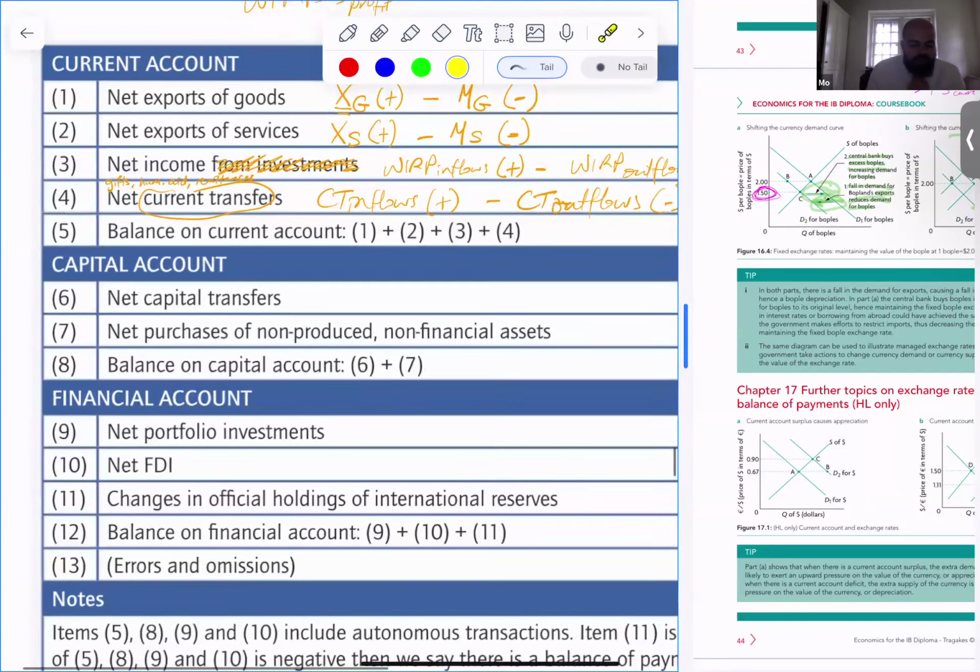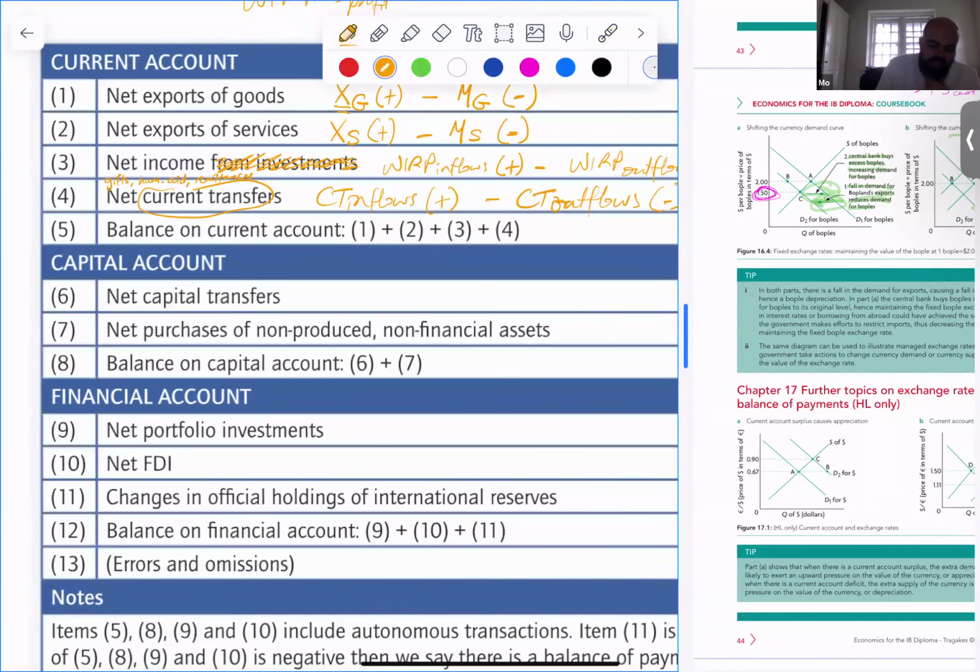All right, what about the capital account? What's the capital account? Again, net capital transfers. So think of capital transfer inflows as the credit, minus capital transfer outflows as the debit. What are capital transfers? So things like transfer of buildings.